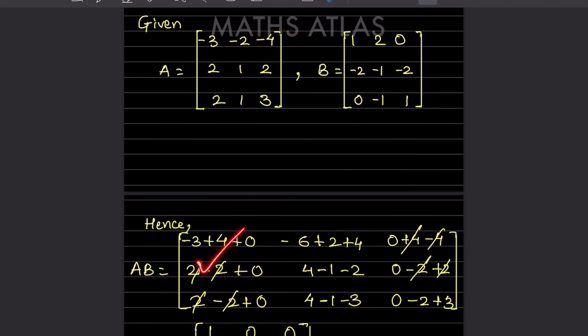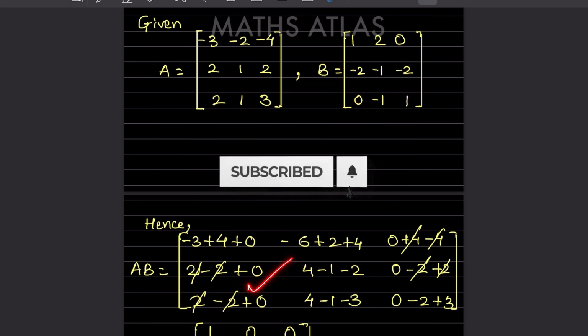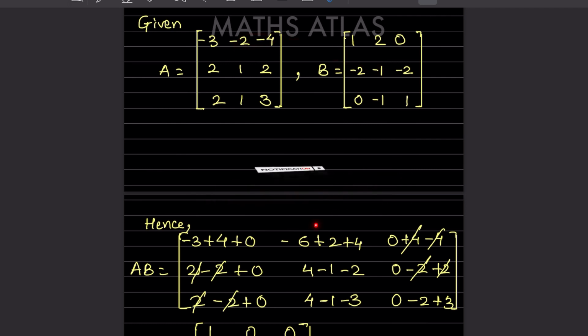Again this into this is 2, minus 2, 0, and here is 0. So this is done. This will be minus 6, 2, then 4, 4, minus 1, minus 2, 4, minus 1, minus 2, then 4, minus 1, minus 3, 4, minus 1, minus 3.